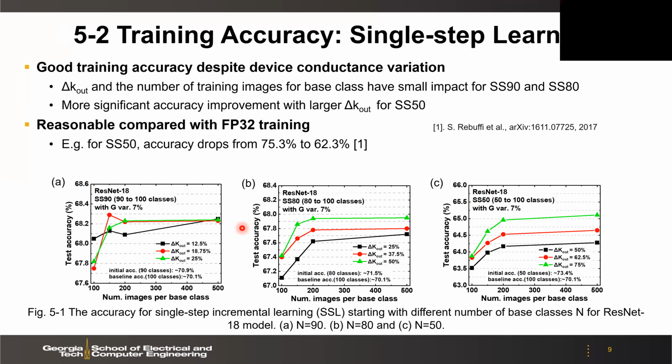For single-step learning with 50 base classes, more significant accuracy improvement is observed with a larger network expansion factor delta K-out. For example, when delta K-out is 75%, the accuracy is about 0.7% higher than when delta K-out equals 50%.